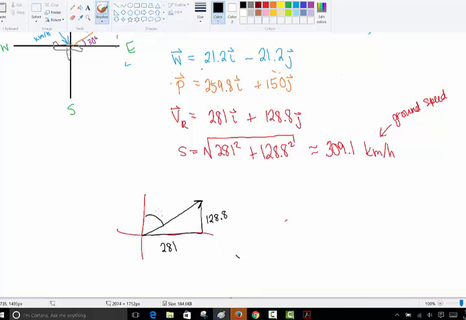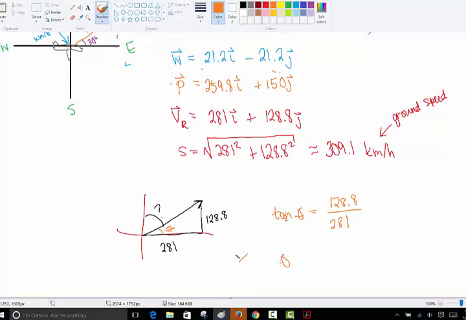We want to find this angle. But if we look at this triangle right here, we can use trig to find this angle. I'll just call it theta right now. And then our answer will be 90 minus whatever we get. And we have the opposite side and the adjacent side, so we can just use the tangent function. So tan theta is opposite over adjacent.